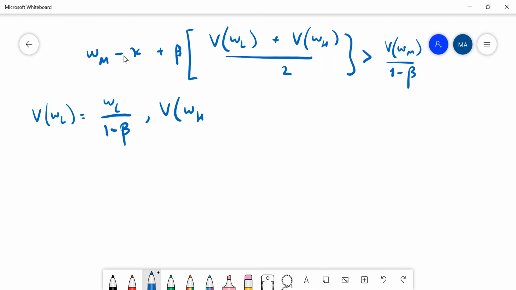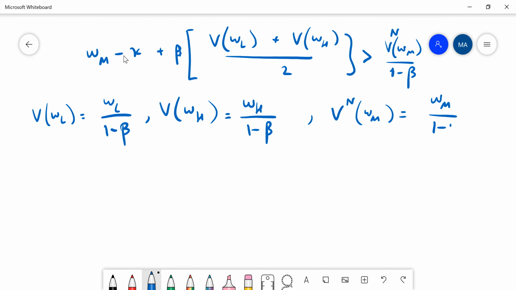And this is WH divided by 1 minus beta. And similarly, this is the case of no search, obviously, right? So in the case of no search, this will be equal to that, right? It will never change.